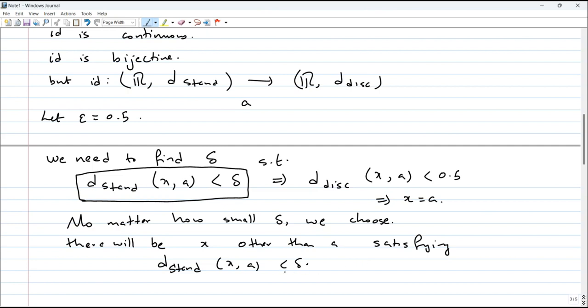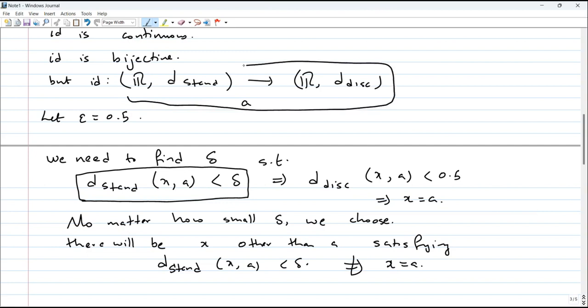And this in particular is not going to imply x equals A, because there will be some other x, and this does not imply x equals A. So therefore, the inverse is not continuous. So this identity function from the standard metric to the discrete metric is not a homeomorphism.